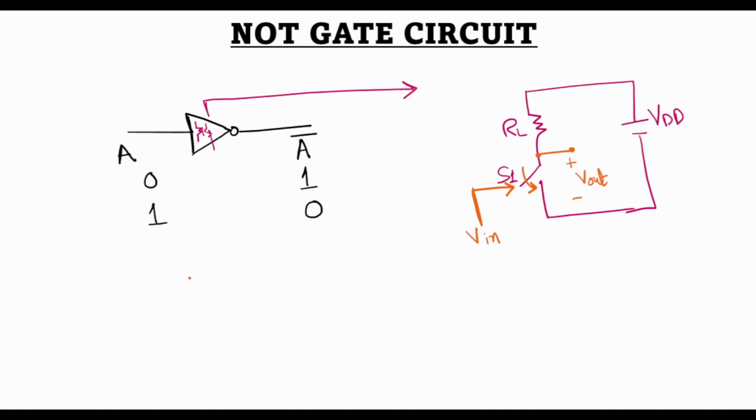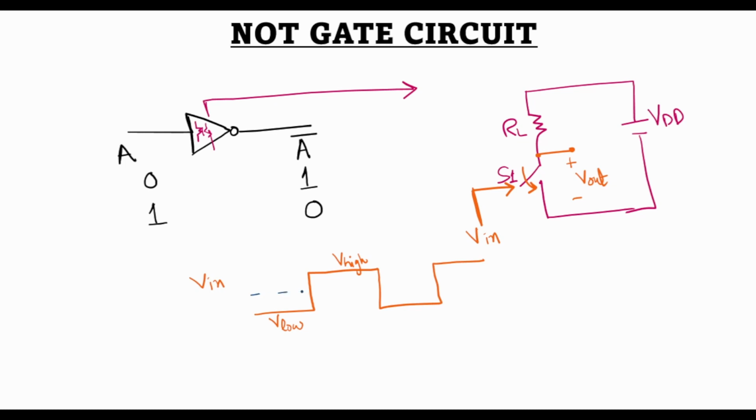Now let's say that the input signal that I apply to this circuit looks something like this. It stays 0 for a certain time, then it switches to a higher voltage, then it goes back to 0, stays 0 for a certain time, and then switches back to a high signal. So this is the input signal. It has two levels. This level is V low and this level is V high.